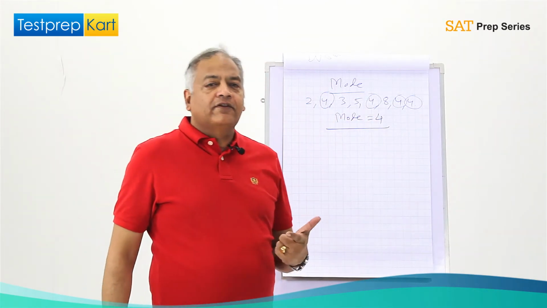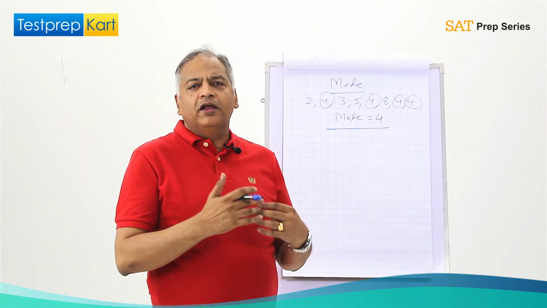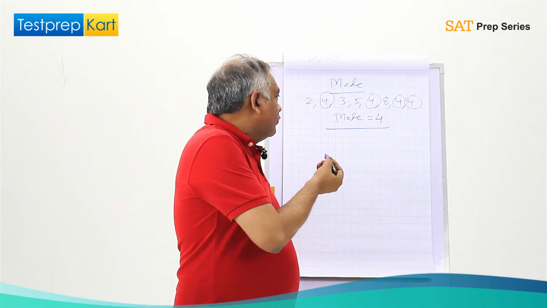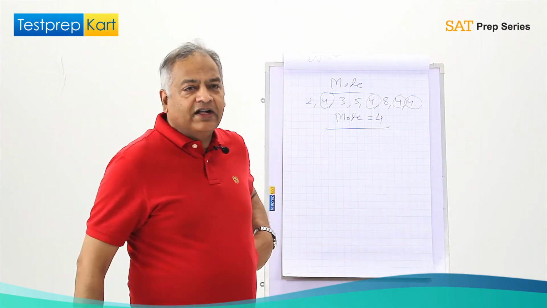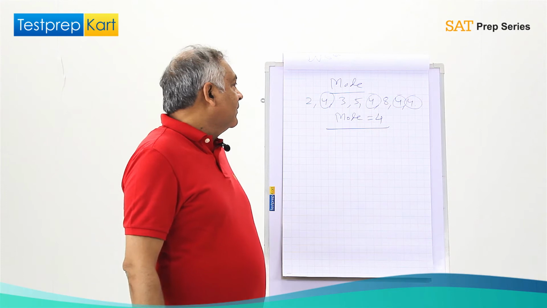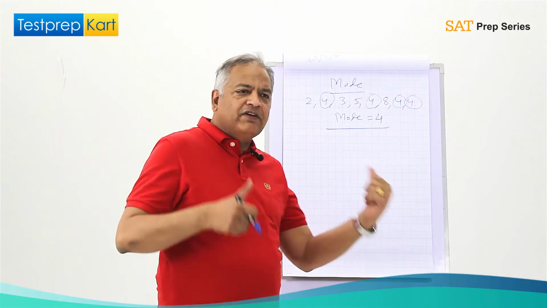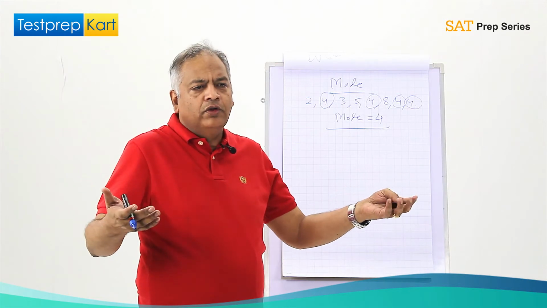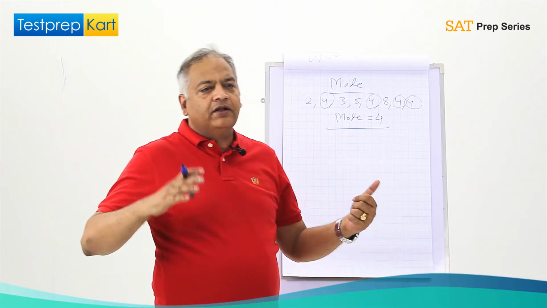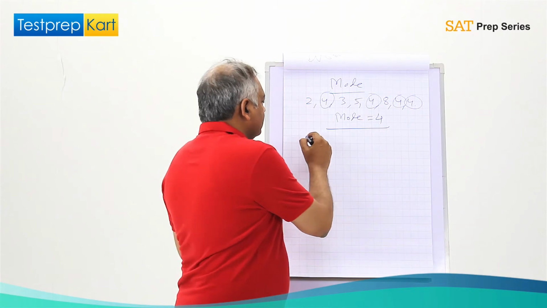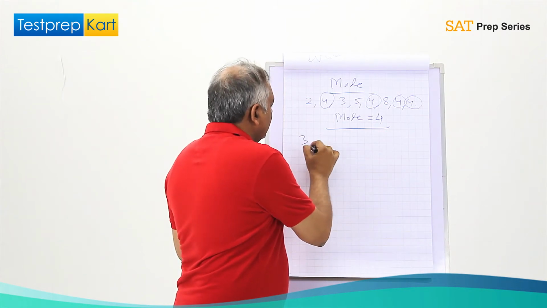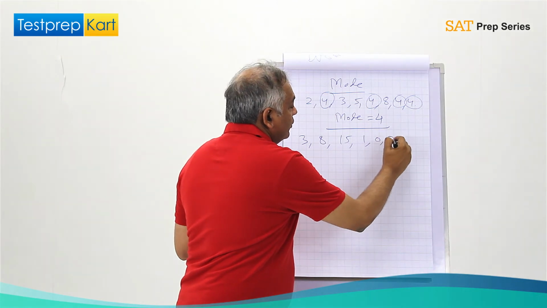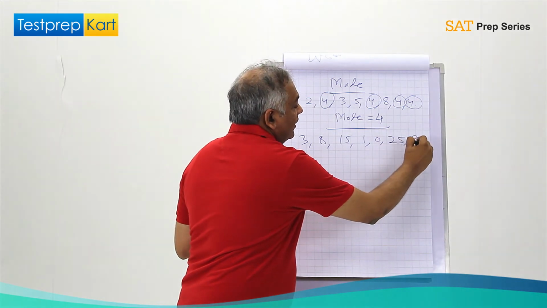Now let's come to the next concept. In fact, mean, median, mode, and range are 4 types of statistical concepts, and range is the highest value minus the lowest value. So if certain observations are given to you, take the highest value and subtract the lowest value. Let's take some observations: 3, 8, 15, 1, 0, 25 and 9.